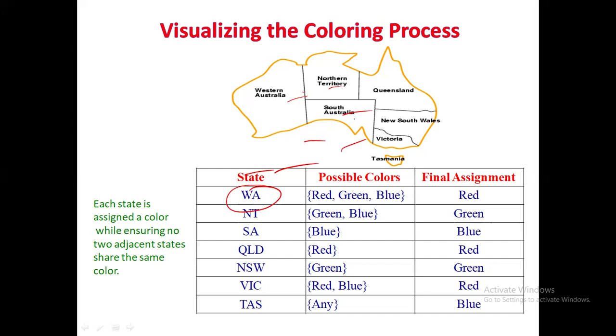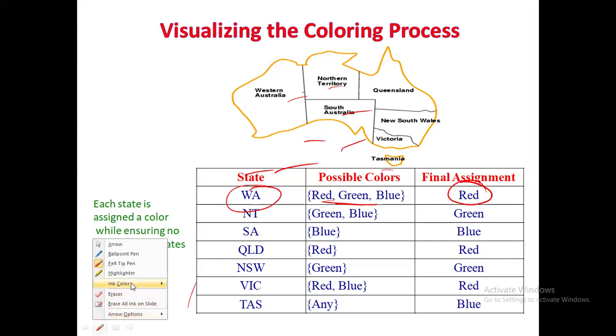The selection of red for WA influences the color choices of the adjacent states, particularly Northern Territory and South Australia, as they must be assigned a different color. By starting with WA, these three colors are available, and we are marking WA as red.